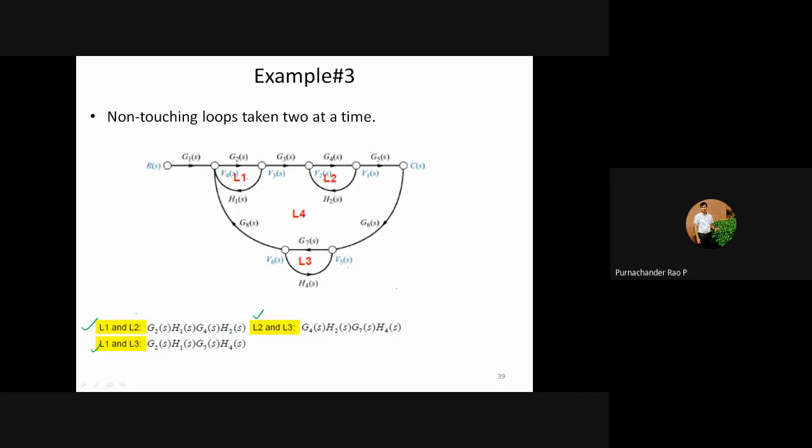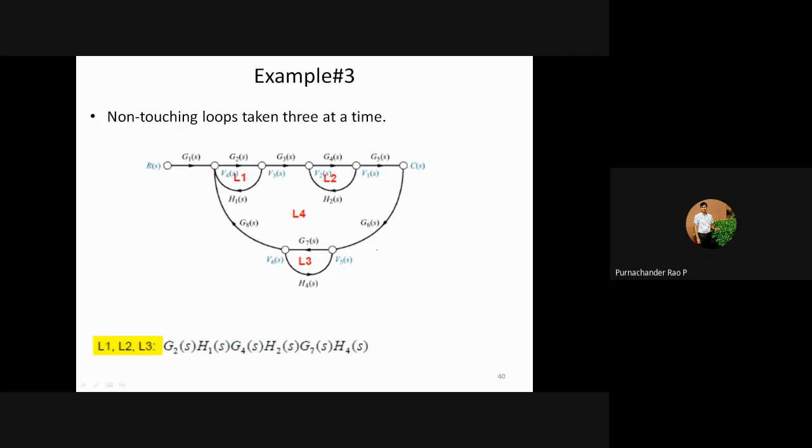Okay, next we need to see 3 non-touching loops. So 3 non-touching loops are L1, L2, L3. So these 3 are not touching each other. Therefore, we need to consider these 3 non-touching loops.